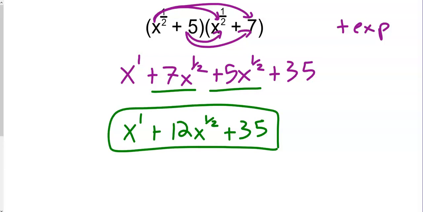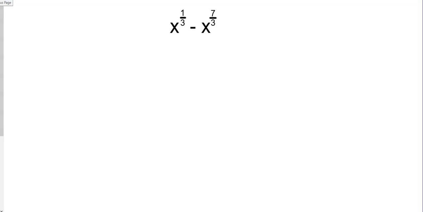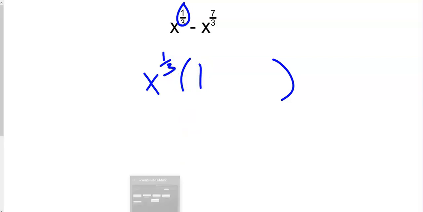One more problem. GCFs. Try it. All right, so what is your smallest power? 1/3. So that's what we're pulling out. So what do we have left? Because I'm pulling this exact guy out, I only have one left.